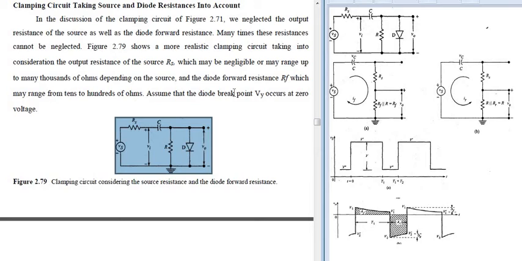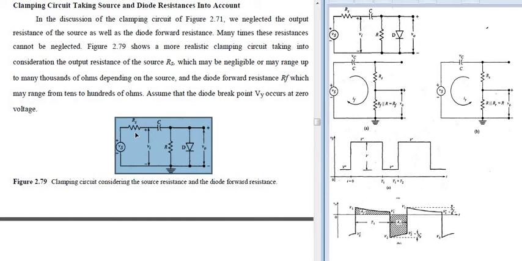So the source resistance may be negligible or may range up to some thousands of ohms depending upon the source that you are considering over here. Whatever the source that you are considering, depending upon that only we are going to select this source resistance.